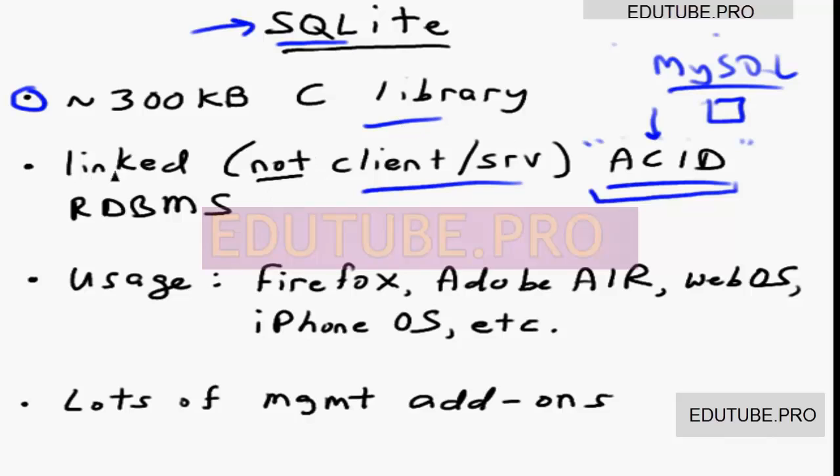Anyway, SQLite is a linked ACID-compliant transactional database management system. Linked means it's actually embedded as a library in your application. Now, what are the benefits there? Certainly portability, wherever your application is, your SQLite database is.